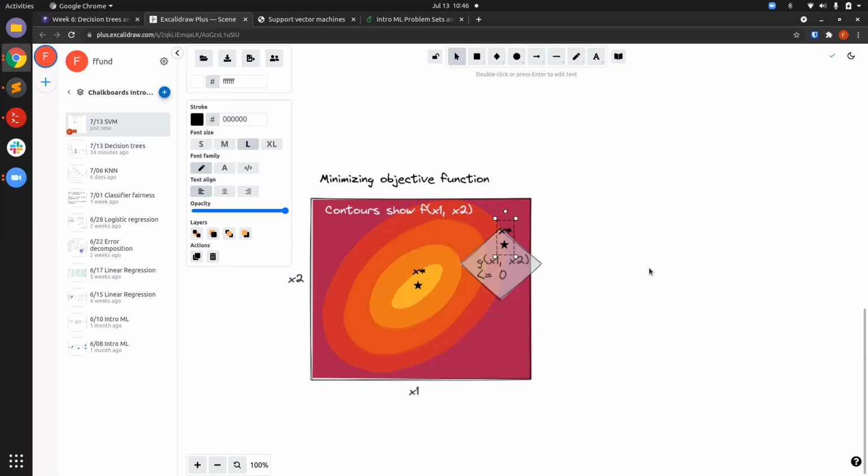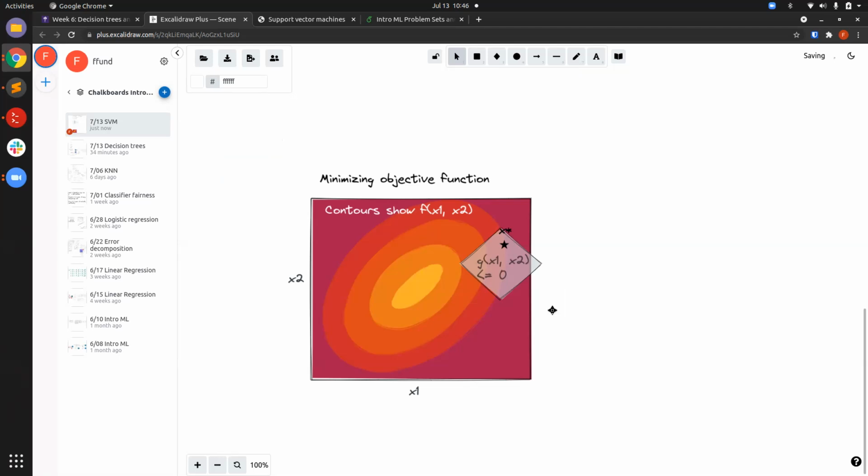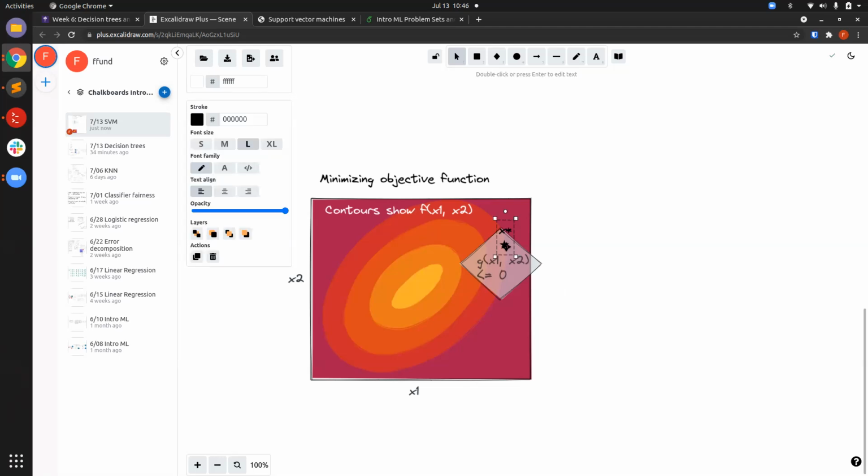This star is inside the feasible set, but it doesn't minimize f of x. So what are the conditions for constrained optimization? I want to find the point that satisfies the constraint, so is in the feasible set, but among all the points in the feasible set, it should be the one that minimizes f of x. So in this example, it's going to be this point right here.